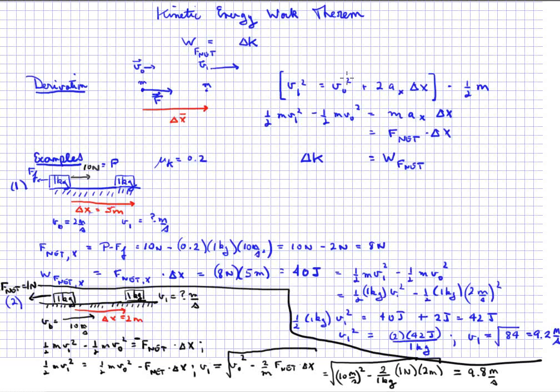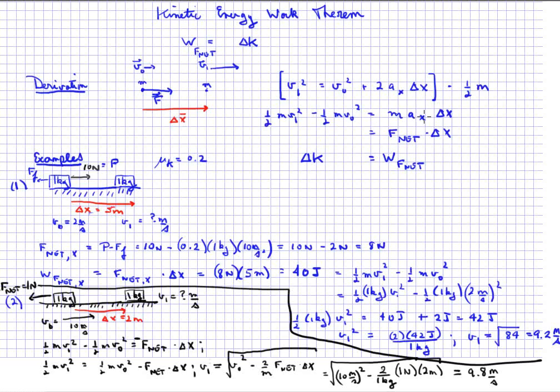And so we know from the kinematic equations that v1 squared is equal to v0 squared plus 2 times the acceleration in the x direction times the displacement in the x direction. And if I take that whole equation and multiply all the terms by 1/2 m, then I get 1/2 mv1 squared minus 1/2 mv0 squared, having moved this term over to the other side, is equal to m times a sub x times delta x.